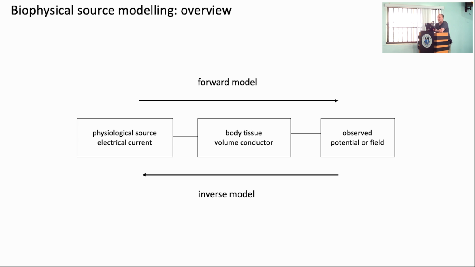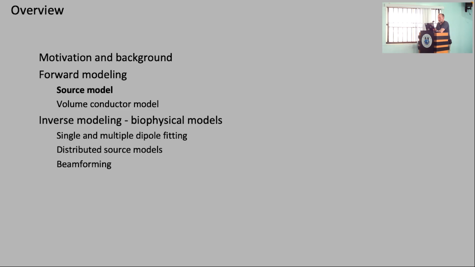What you're probably mostly interested in is the inverse modeling. We do EEG recordings, and we try to interpret them by figuring out where in the brain the activity is coming from. But we cannot do inverse modeling without also doing the forward modeling. The forward modeling is a necessary ingredient for the inverse modeling. So I'm first going to explain the forward model.